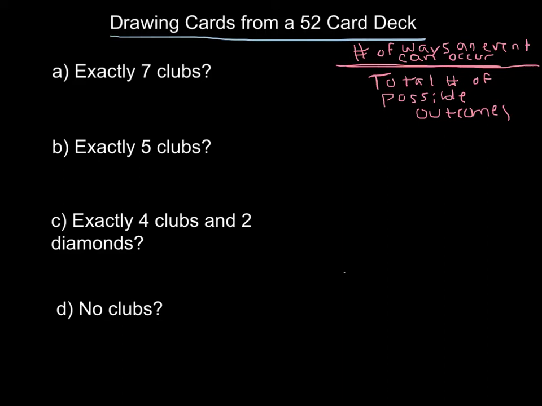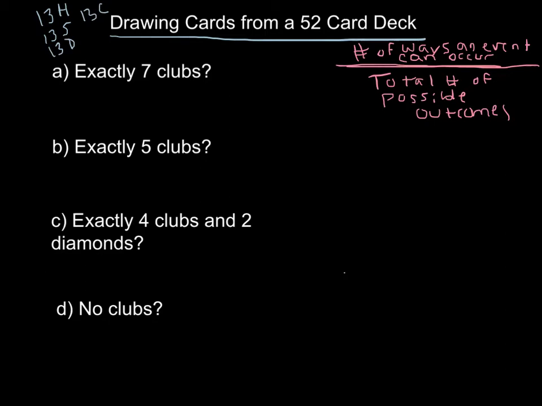So let's say we're drawing cards from a standard 52 card deck. You've got your 13 hearts, your 13 spades, your 13 diamonds, and your 13 clubs, a total of 52.